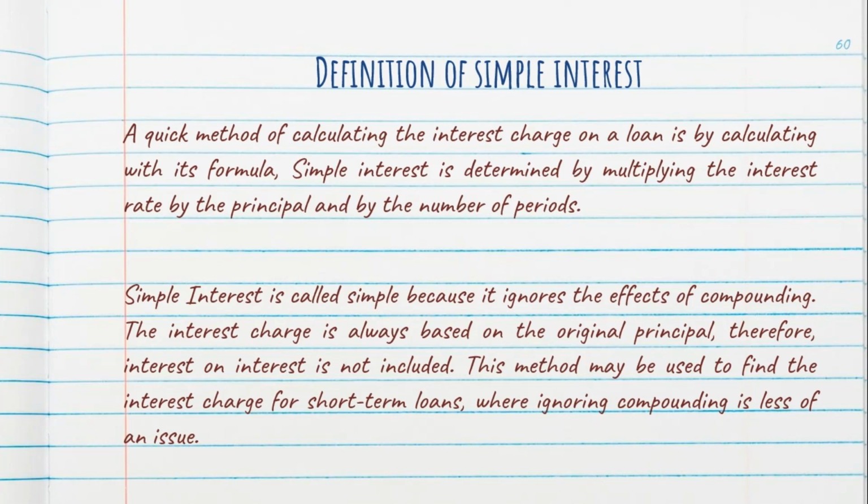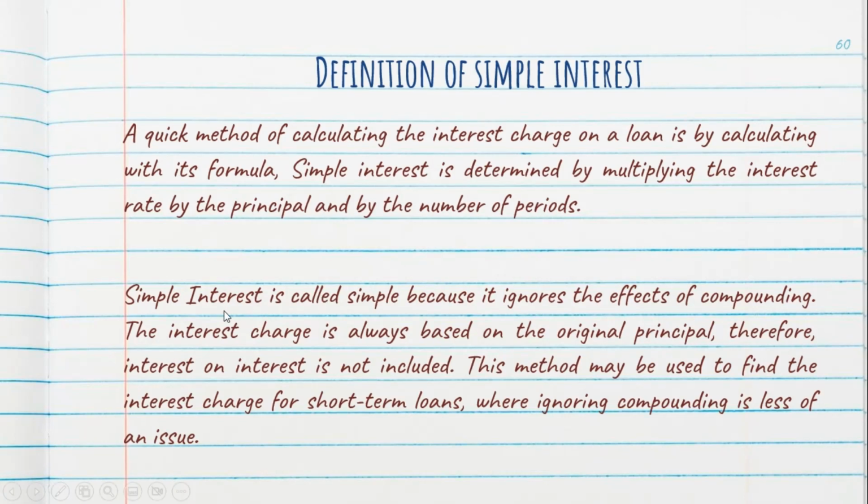A quick method of calculating the interest charge on a loan is by calculating with its formula. Simple interest is determined by multiplying the interest rate by the principal and by the number of periods.